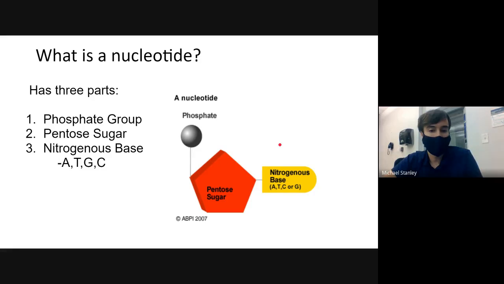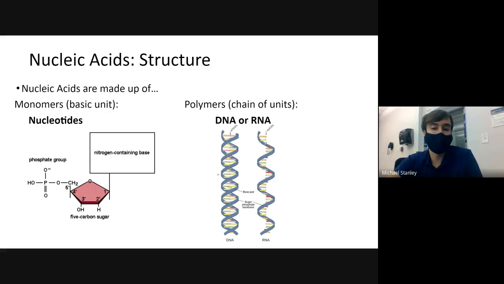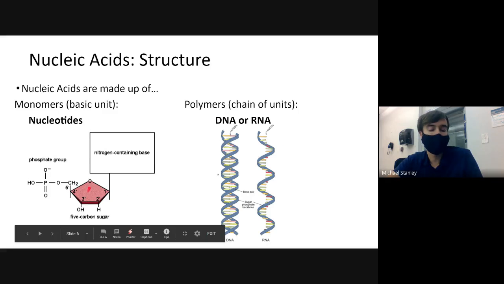And then if we put thousands of those nucleotides together, we get our DNA. Here, this one breaks it down a little bit more into some of the different elements that are involved. We have our phosphate group. That's what the P stands for here.